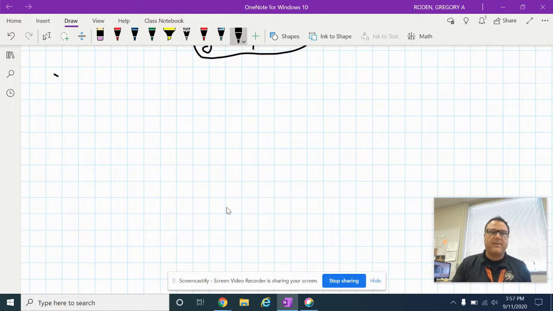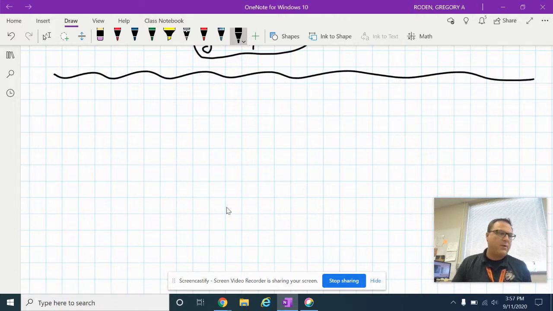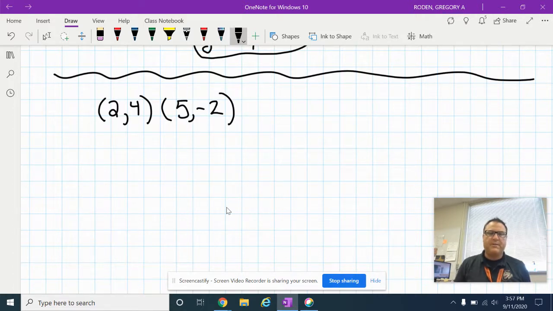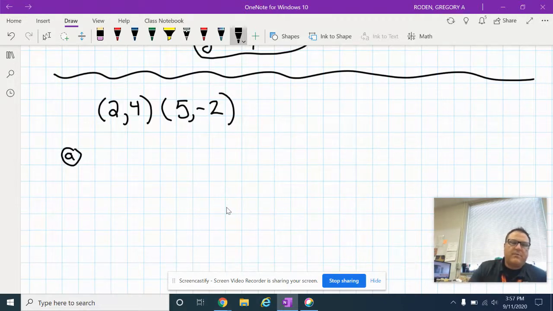So here's the grand finale problem. Let's say you are given the points 2, 4, and you're also given the point 5, -2. And you want to go ahead and do 3 things. So first thing, let's start with point slope.